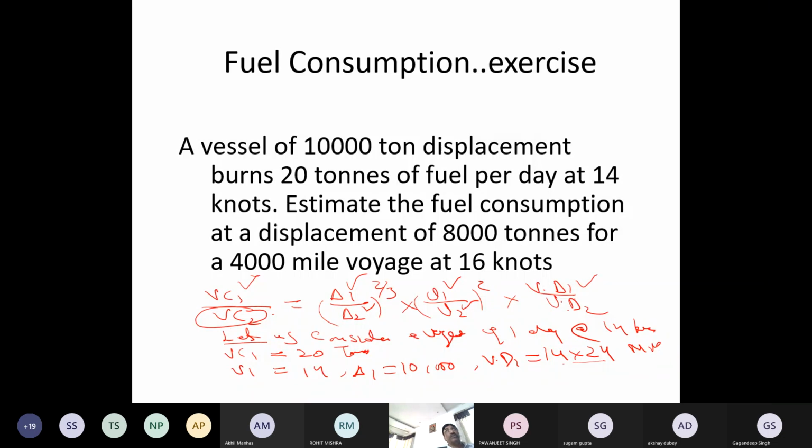The other method which you have used just now, you have used the DC1, DC2 formula. That means you have first calculated the daily consumption under the second set of conditions, then calculated the voyage days and multiplied that by daily consumption, and you got the voyage consumption. Both are correct. Whichever you find easier, you can do.